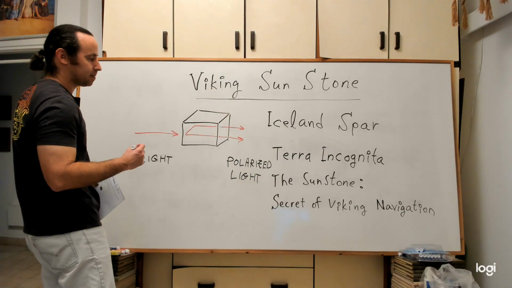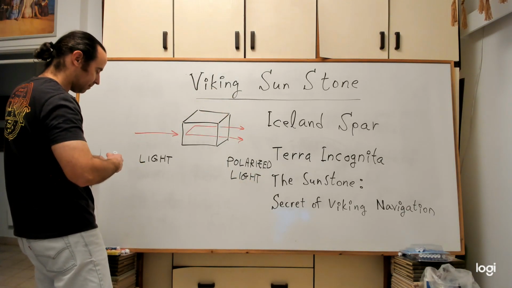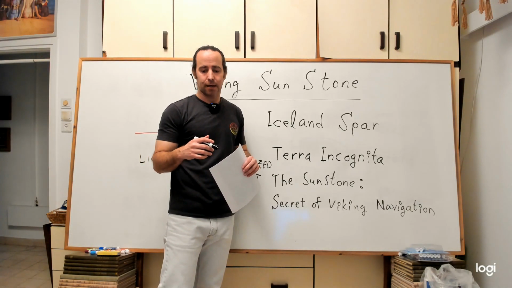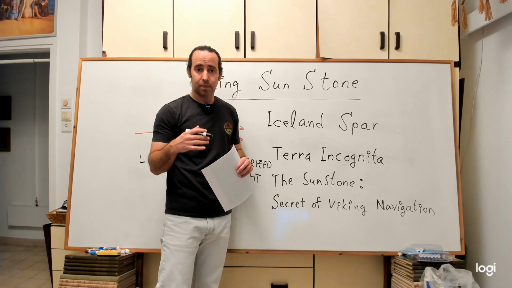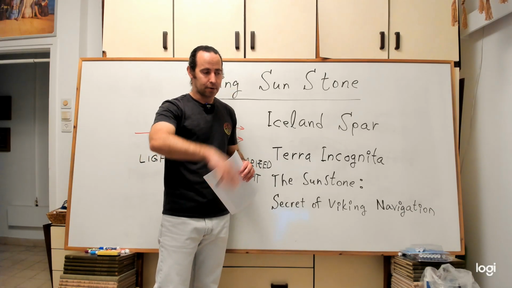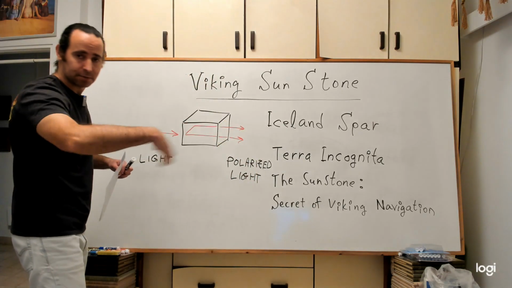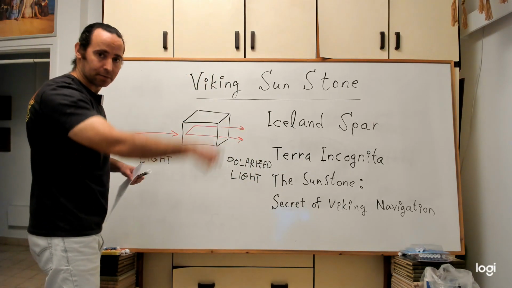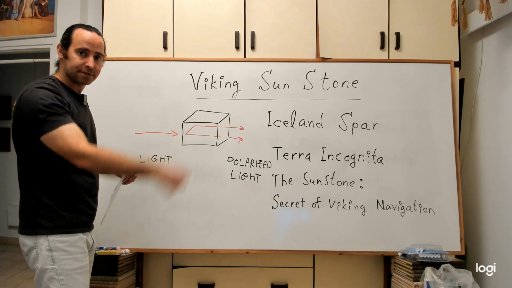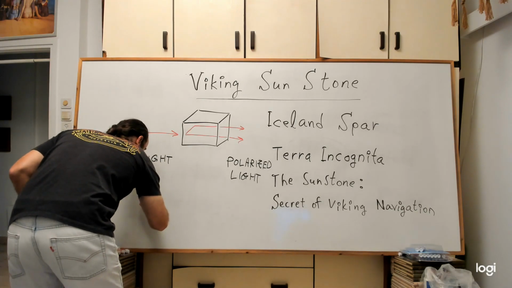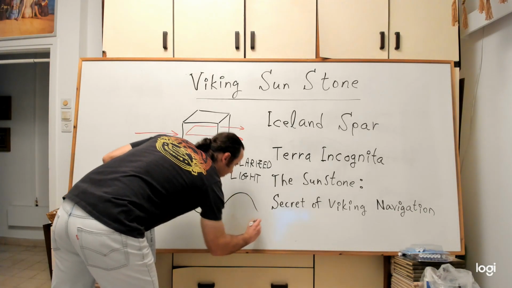Polarized light is basically if you have a rope, okay, and you move it up and down, like between 2 people, and each one of us lifts and lowers the rope, then we have this movement in the rope.